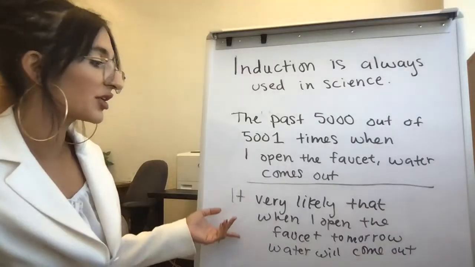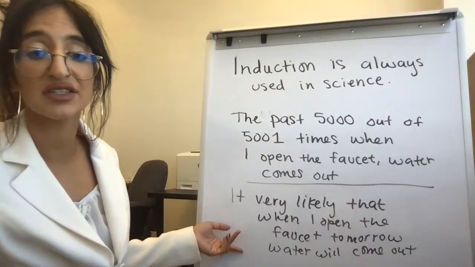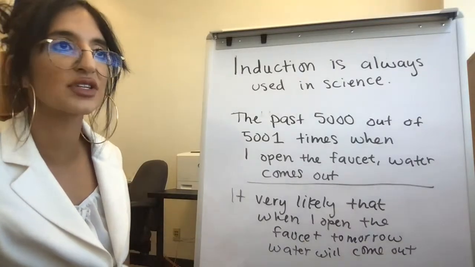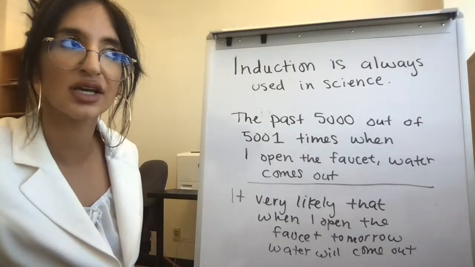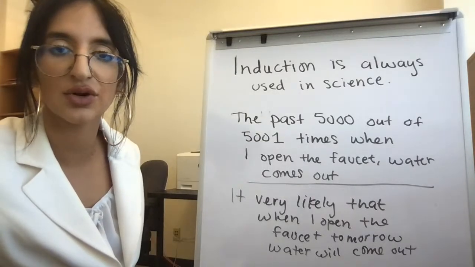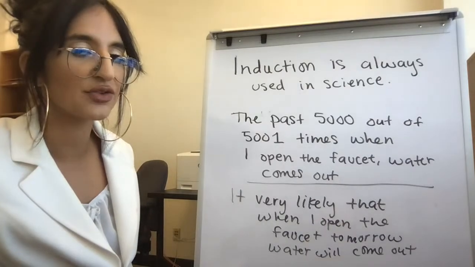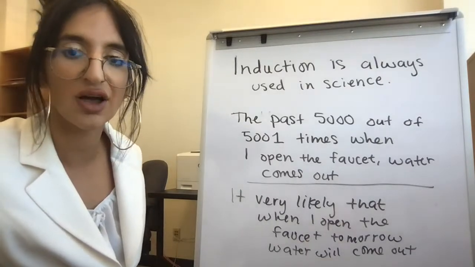all I'm pointing out here is induction also helps us make predictions about the future. Because notice, if we didn't look at observations and patterns in the world to predict things about the future, we would be pretty lost.